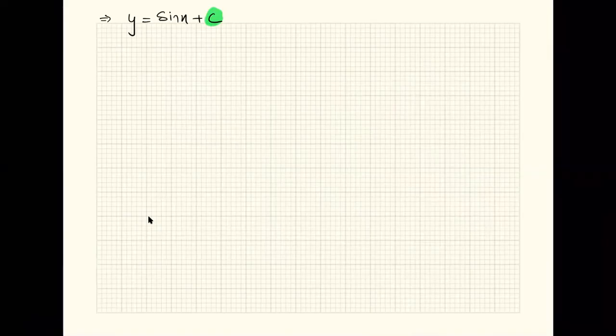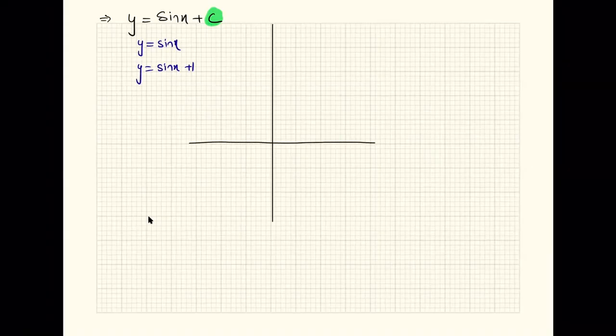So again, simple, you're going to take two equations. पहला मैं ले लेता हूँ y equals sin x और दूसरी मैं ले लेता हूँ y equals sin x plus 1. अब मैं देखूंगा कि दोनों ग्राफ किस तरीके से डिफरेंट होंगे. So if I draw sin x का ग्राफ, this is 90, 180, 270, 360 degrees, 0.